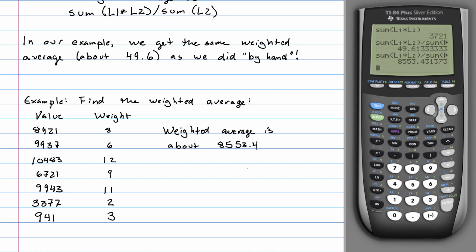And that seems reasonable. The big thing to make sure of when you've taken a weighted average, it should be between the smallest value and the largest value, because obviously it's got to be somewhere in the middle. My smallest value is 941. My largest value is 10,000 something. Most of my values are in the 8, 9, 10,000 range, so this seems more or less reasonable.